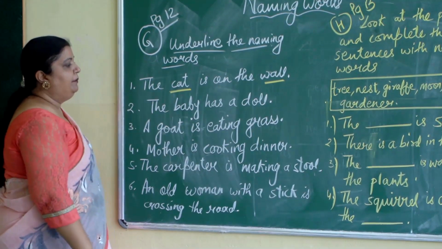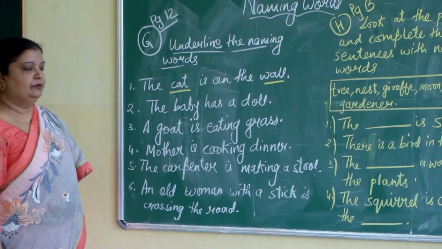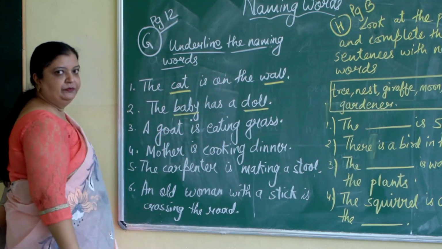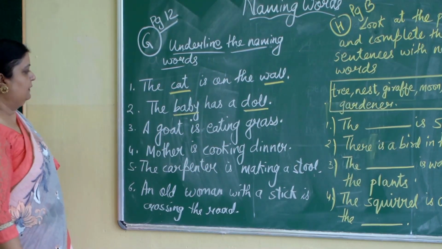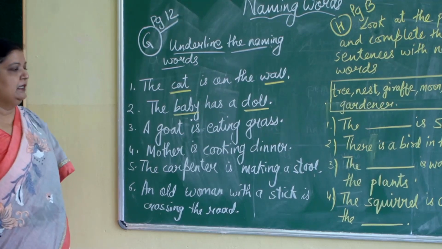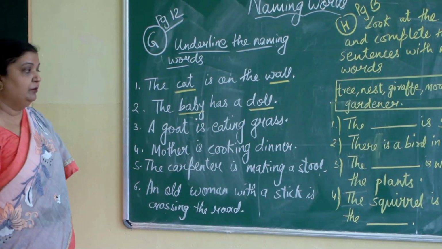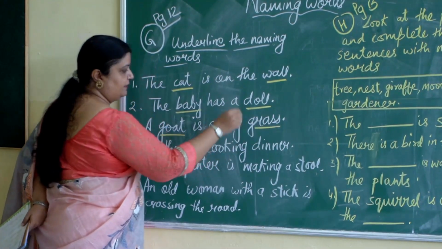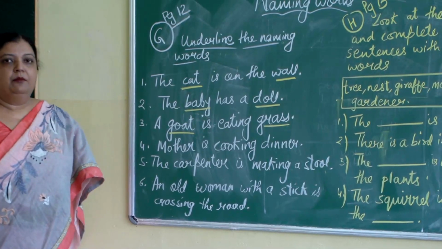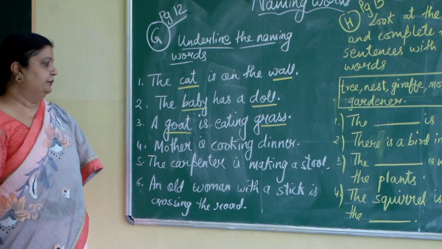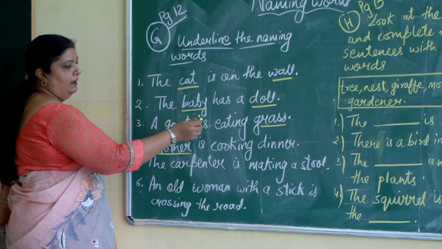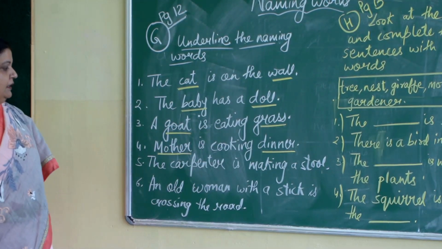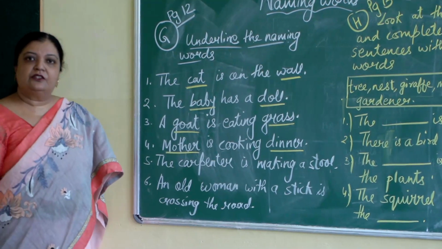Second, the baby has a dog. Name of a person, name of a thing, dog. Understood children? Then the third sentence, a goat is eating grass. Where is the animal? Goat. And the thing? Grass. Fourth sentence, mother is cooking dinner. Mother and dinner. Now the fifth one, the carpenter is making a stool.